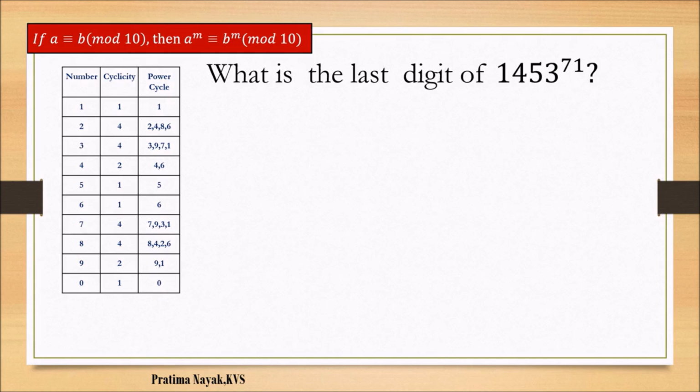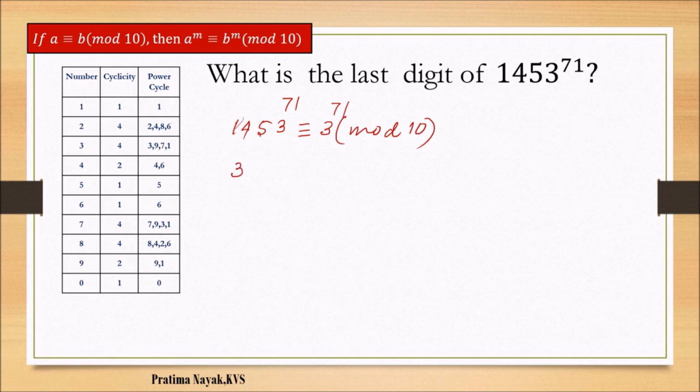What is the last digit of 1453 to the power 71? So we'll write 1453. First we are taking the unit place digit, this is congruent to 3 modulo 10. And the power will be 71.